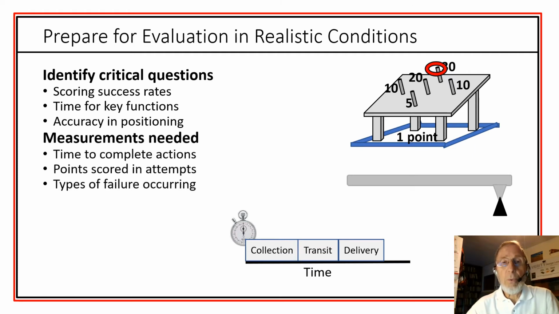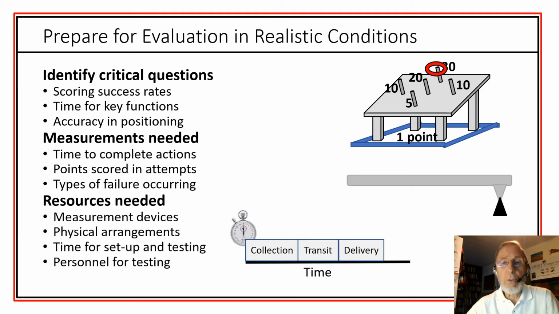And associated with these kinds of questions, we're going to need to take some measurements. So we need to be thinking ahead about what measurements are going to be needed, what times, what scoring, what other observations might we need, because this will then drive resources that we need for this evaluation process.